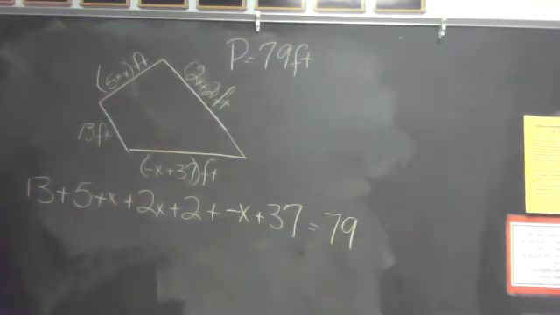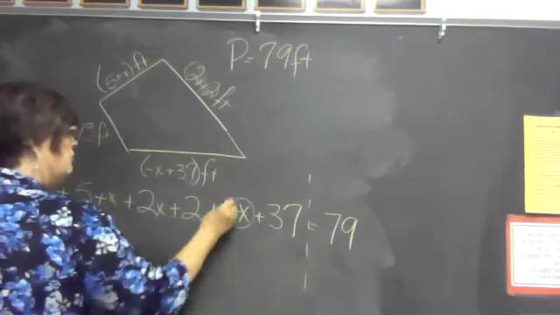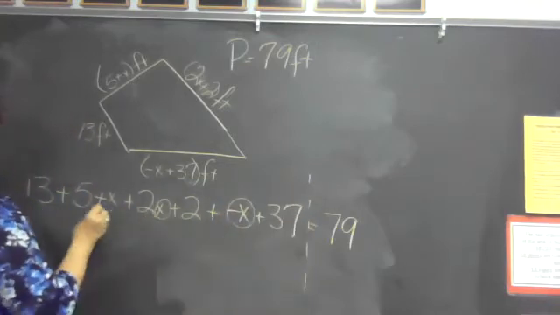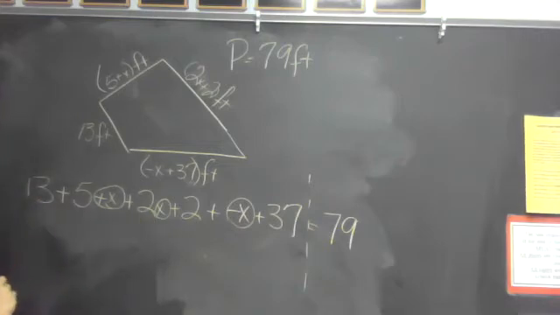Okay? Line down through the equal sign. Circle the variables. Need the signs with it, yeah.